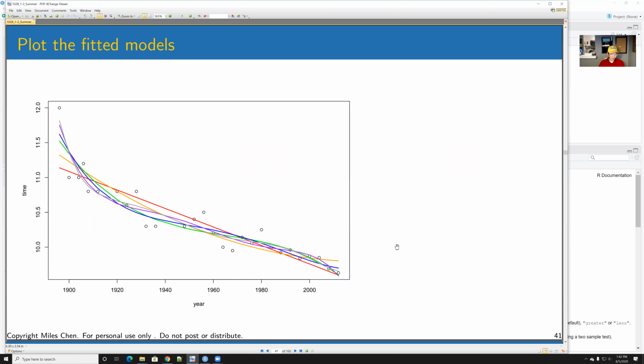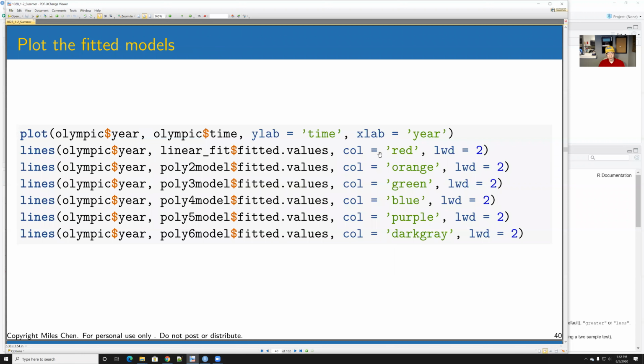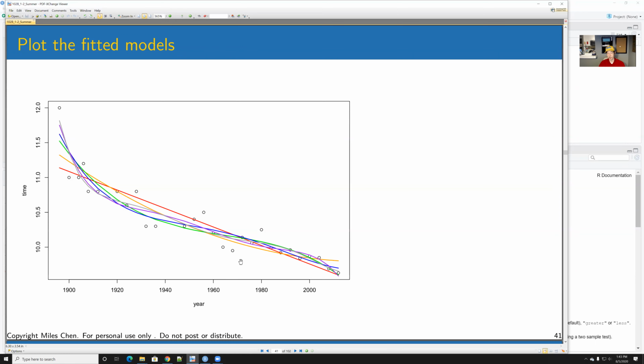This red line is the linear model, and as we go through the rainbow, we have different order polynomials. Orange will be second order polynomial, green will be third, blue is fourth, purple is the fifth, and the gray one will be the sixth order polynomial.